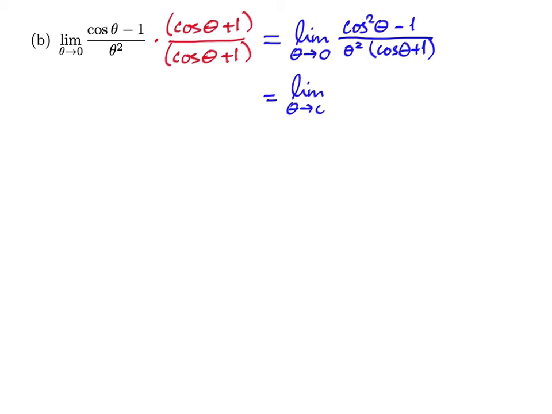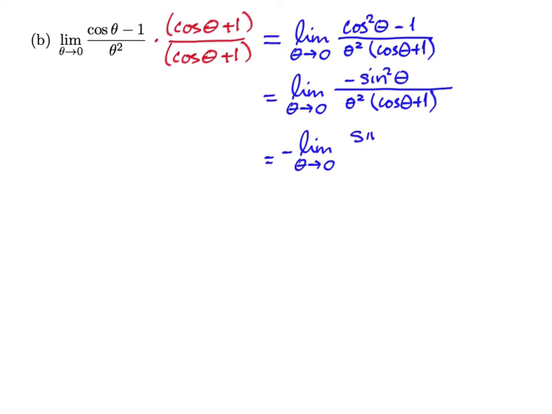So this is the limit as theta approaches 0 of negative sine squared theta over theta squared times cosine theta plus 1. Now we can pull that minus sign outside of the limit, and then we can rewrite sine squared theta over theta squared as sine theta over theta, squared. And then we're still multiplying by 1 over cosine theta plus 1.